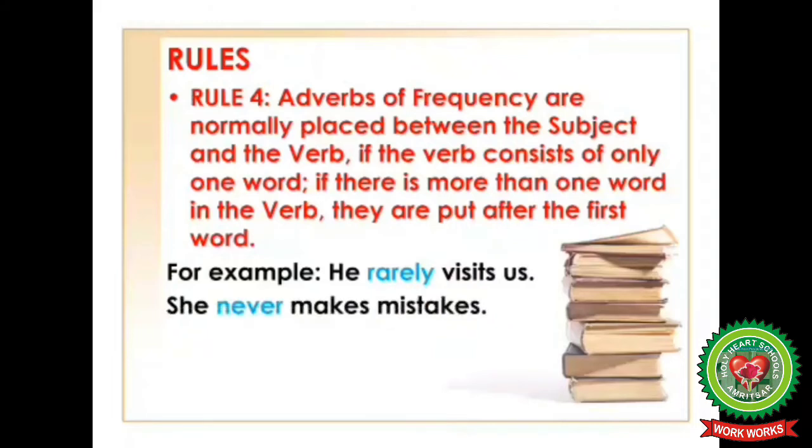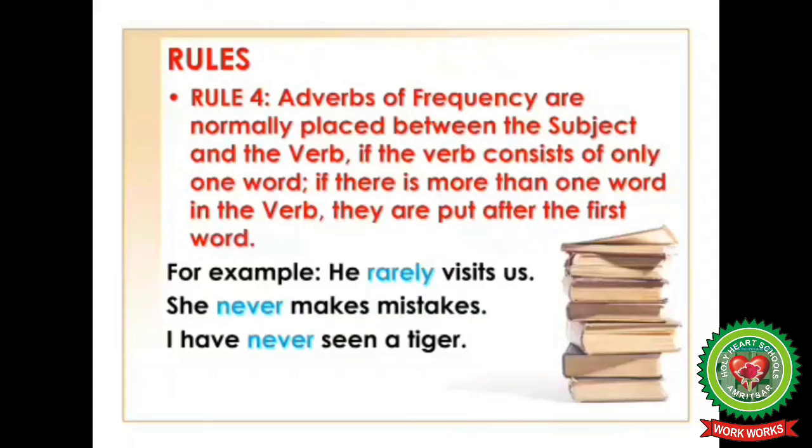Next example. She never makes mistakes. In this sentence also, never is an adverb of frequency and makes is the verb. So, never is placed before the verb makes. Next example. I have never seen a tiger. In this sentence, never is an adverb of frequency and we have two verbs here.